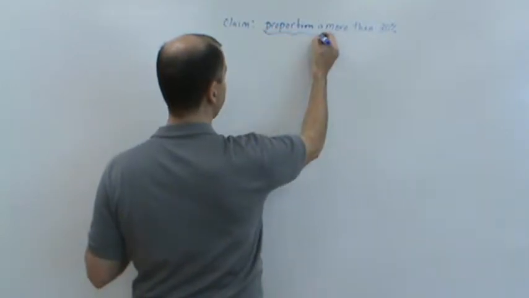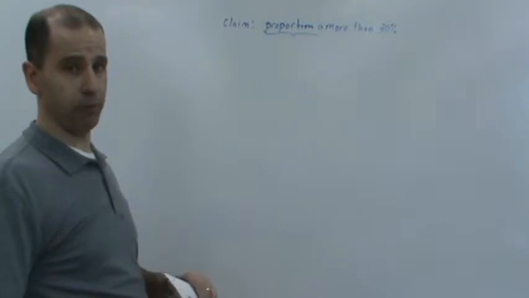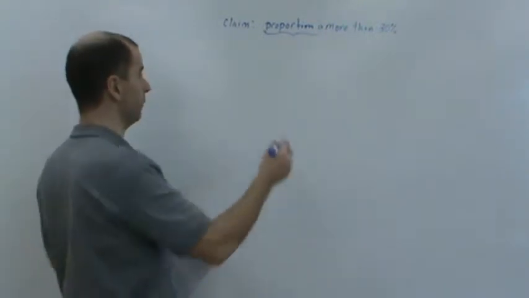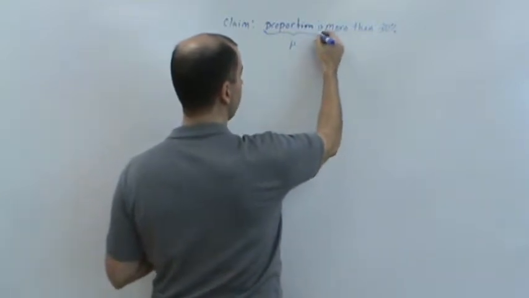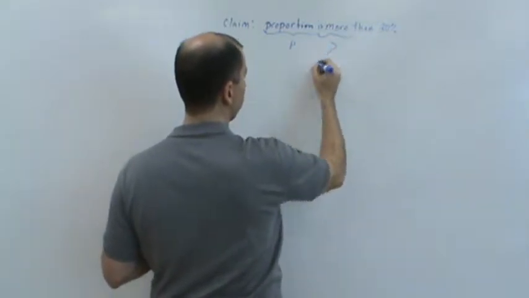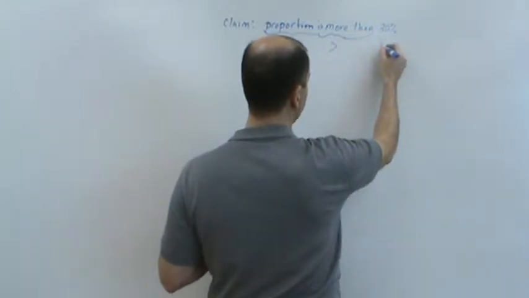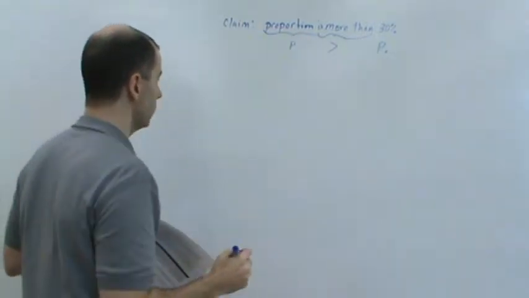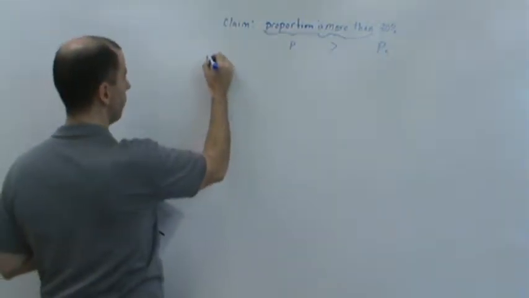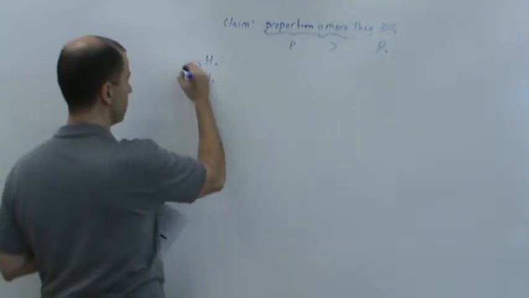So we're saying that the proportion of households that have 3 cell phones is P, and that that proportion is more than 30%. That's P0. Now, based on this, we can set up our null and alternative hypotheses.